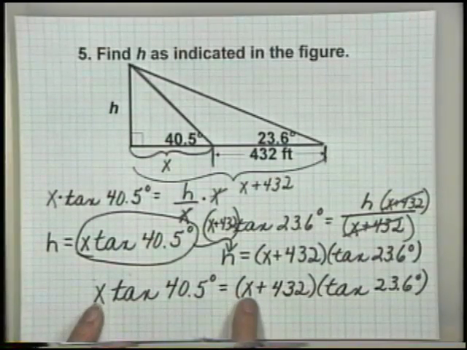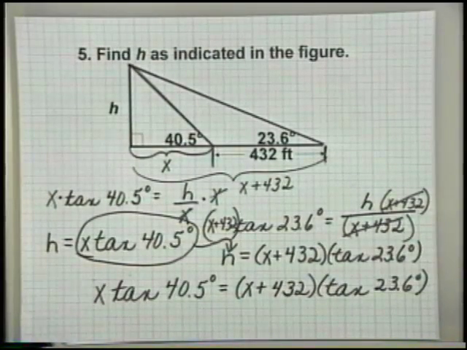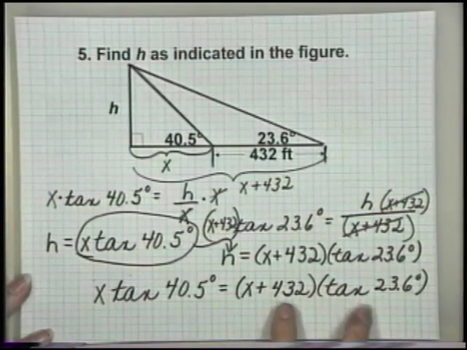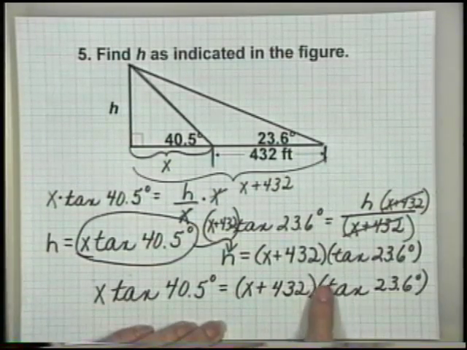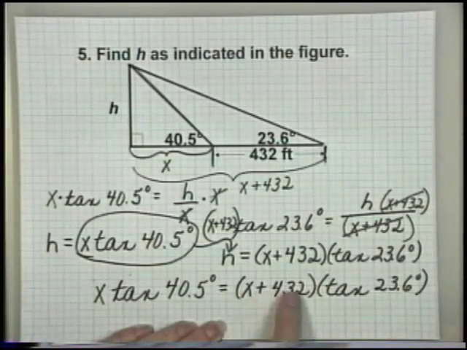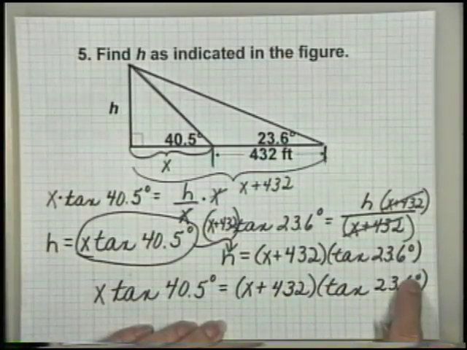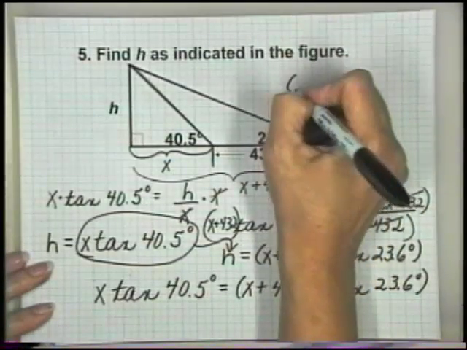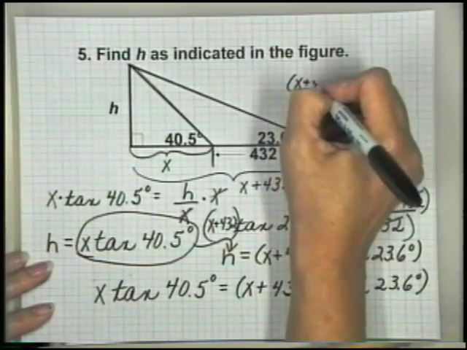Now I have one equation in terms of one variable x. In order to solve this, what I need to do is simplify this right side of the equation. Now remember, this is just a number, isn't it? So I have two terms times a number. Remember what I do? And maybe this would help you.